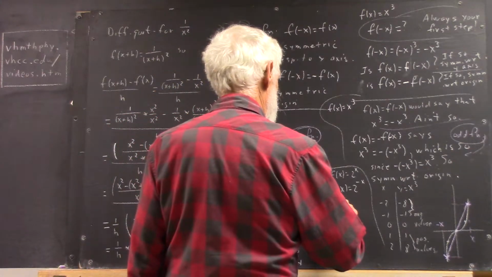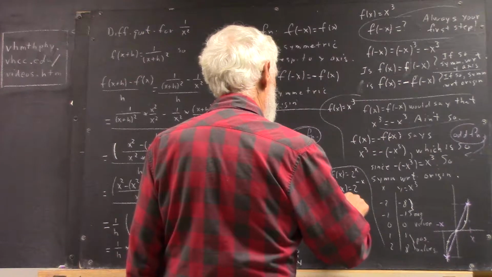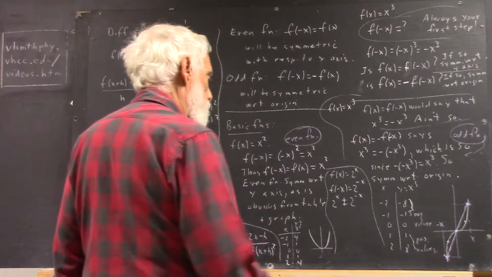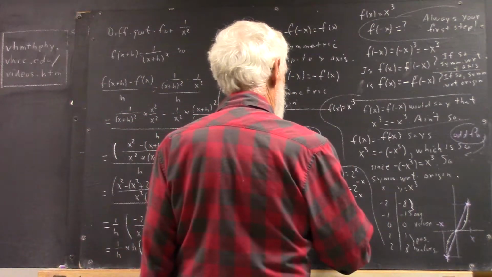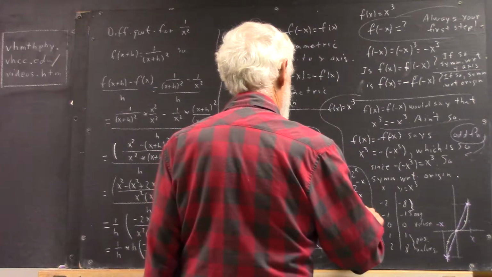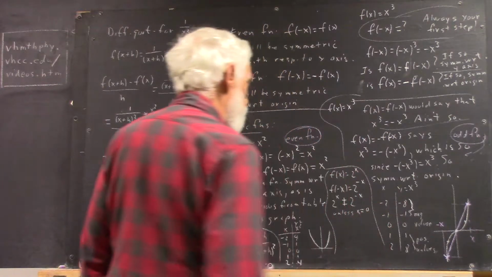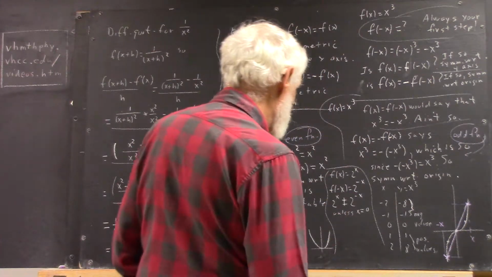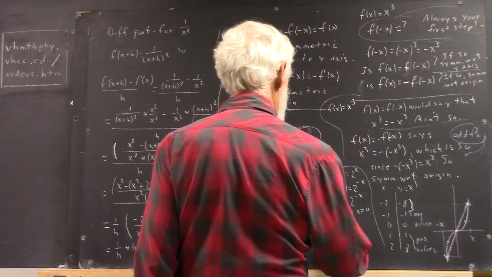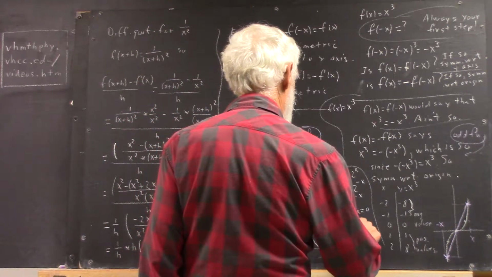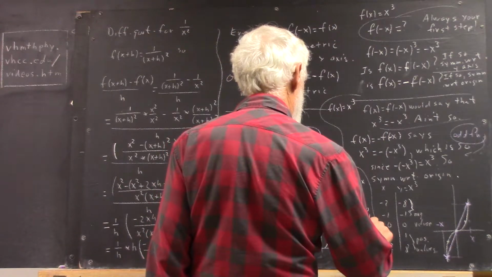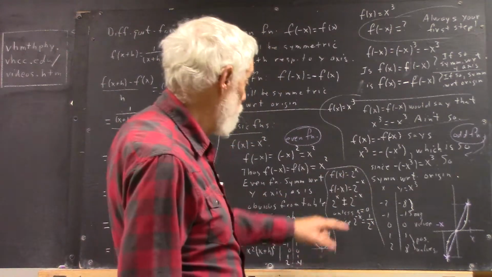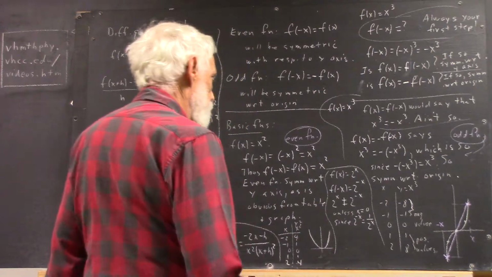And 2 to the x is not equal to 2 to the negative x, unless x equals 0. Because 2 to the negative x is the reciprocal of 2 to the x. Well, the only number that's equal to its reciprocal is 1, and that's what you get if x equals 0, okay?